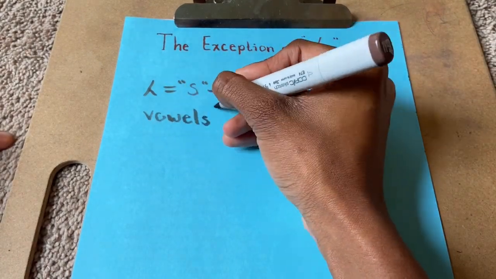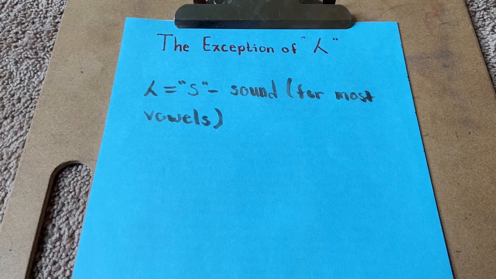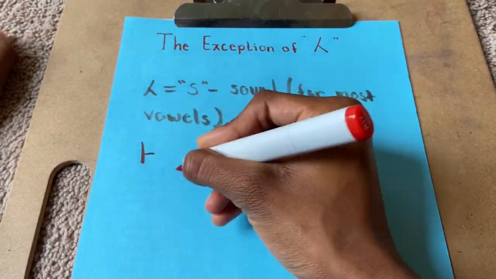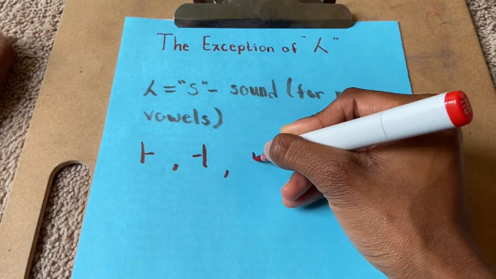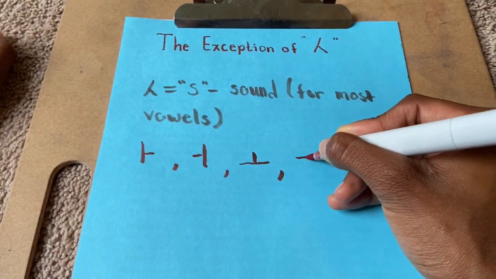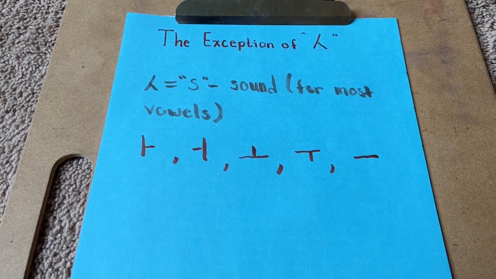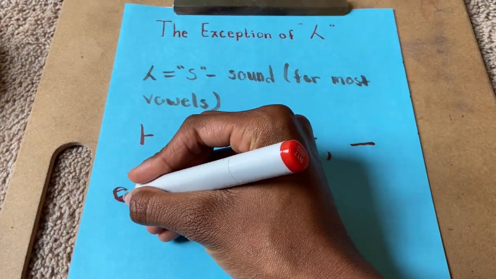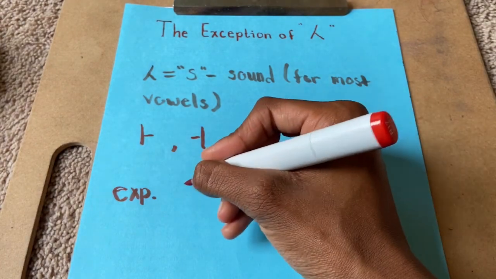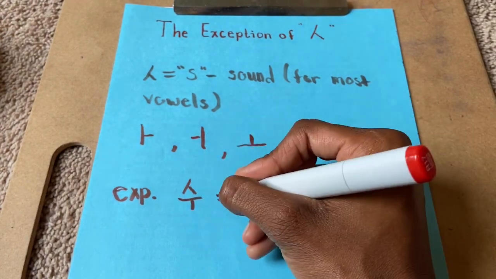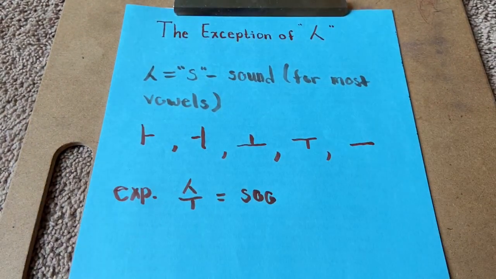Okay, well, what are those vowels? Those vowels are a, o, u, and eu. So when 시옷 is put with these, it makes that S sound. So for example, 시옷 with u is 수.